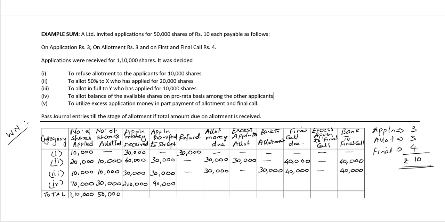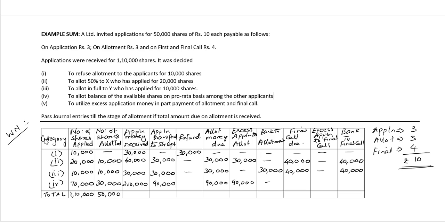Allotment money due, 30,000 shares allotted multiplied by 3 rupees per share, 90,000 rupees. Excess application to allotment, the amount of excess application money is 2,10,000 rupees minus 90,000 rupees, which comes up to 1,20,000 rupees, but it's subject to 90,000 because that's the amount which is due on allotment.